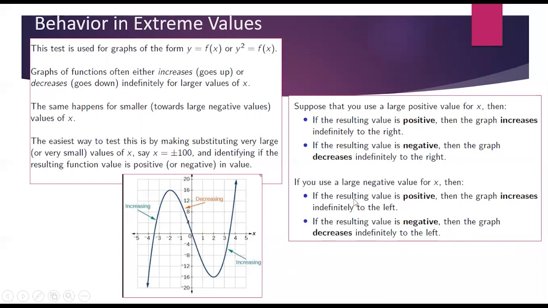Whereas if you consider a large negative value for x, meaning a very small number, if the resulting value is positive, then the graph increases indefinitely to the left. Whereas if the value is negative, then the graph decreases indefinitely to the left. That is when you set a very small value for x.